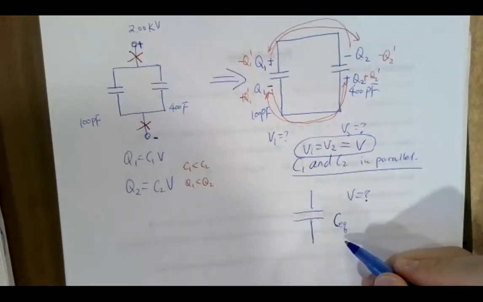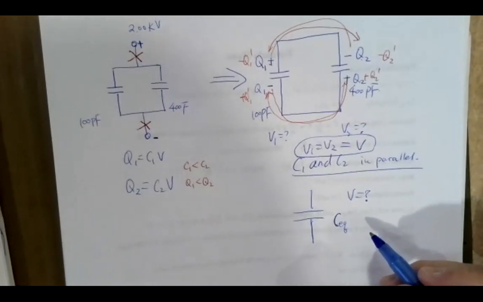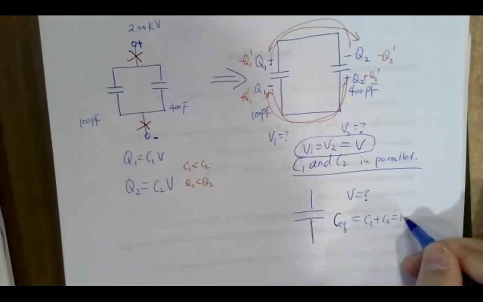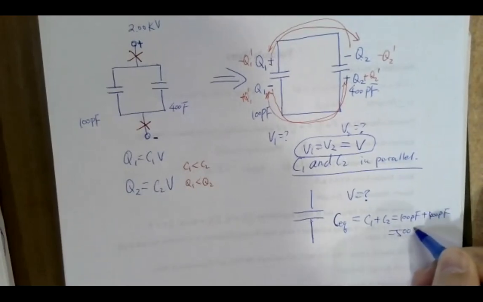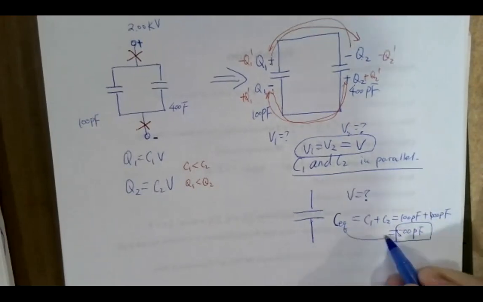Because they are in parallel, you can calculate this CEQ. CEQ should be equal to C1 plus C2. You just add them up. So 100 picofarad plus 400 picofarad gives you 500 picofarad for the CEQ.